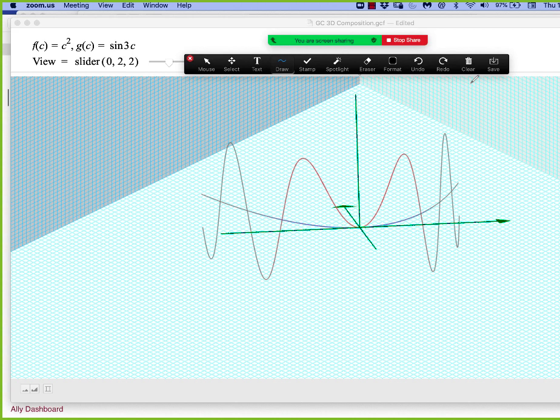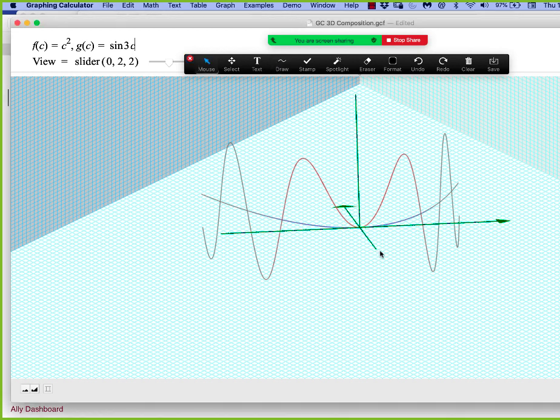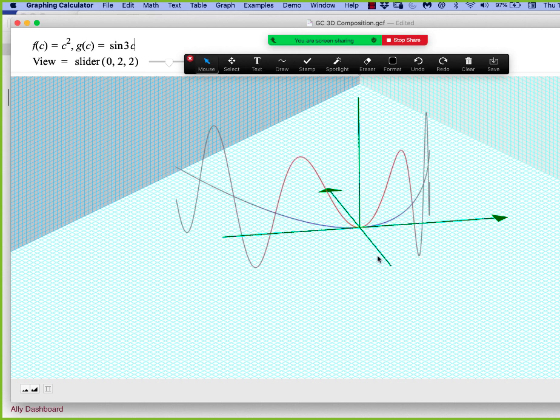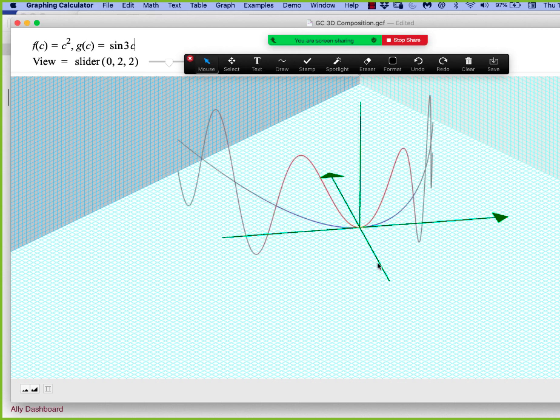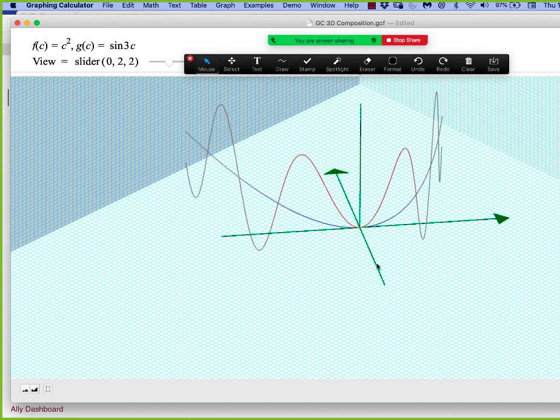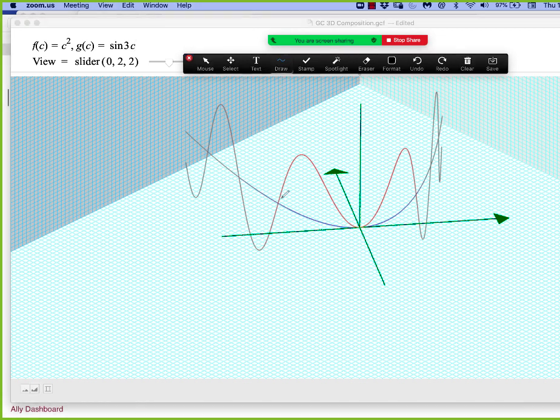So the next thing I want to do is get a better rendering of this. Okay, that's good. A little more top view slightly. So this point right here, the intersection right there.